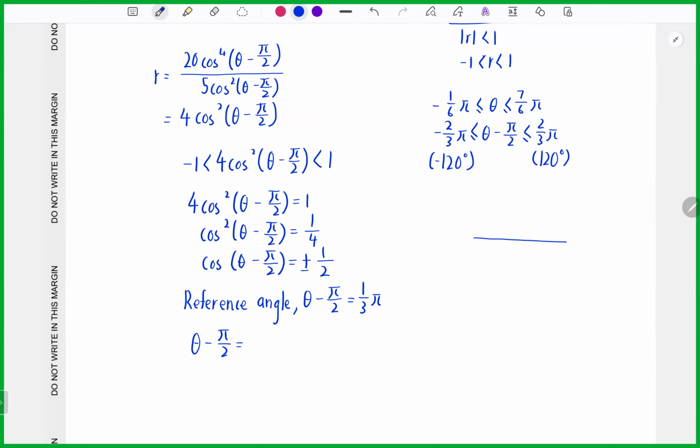Let's find the negative first. Cos negative. The maximum is until negative 100 degrees, right?